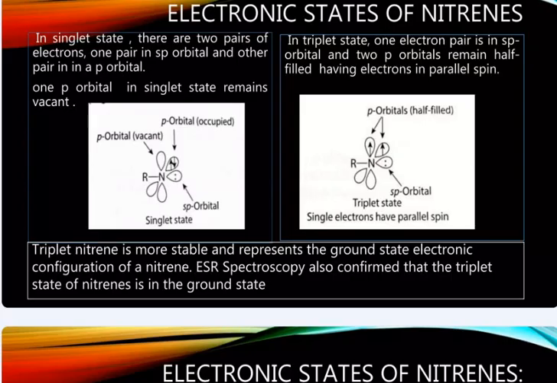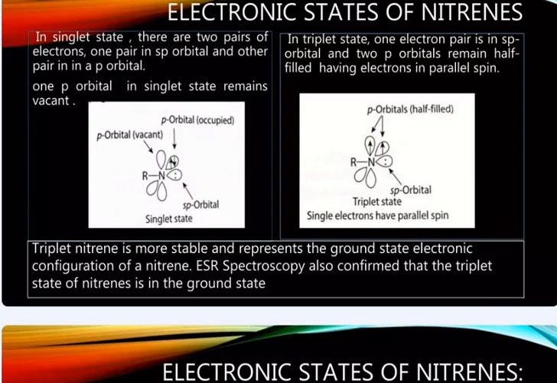On the other hand, in triplet state, one electron pair is in sp orbital and two p orbitals remain half filled, having electrons in parallel spin. So triplet state has p orbitals half filled. Triplet nitrene is more stable and represents the ground state electronic configuration of nitrene. ESR spectroscopy also confirmed that the triplet state of nitrene is the ground state.